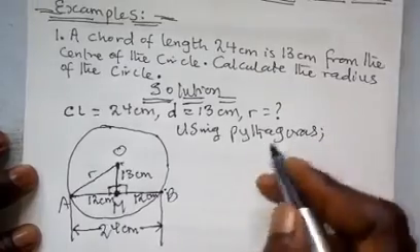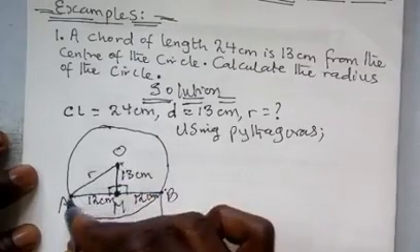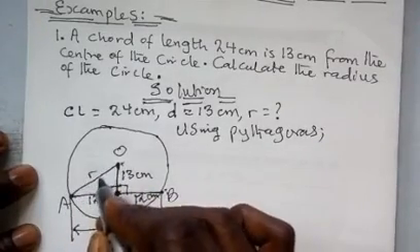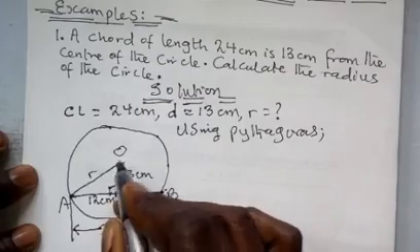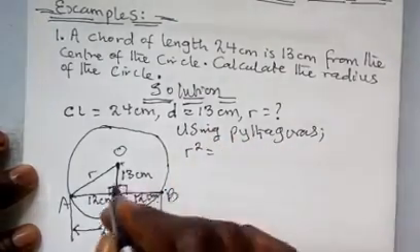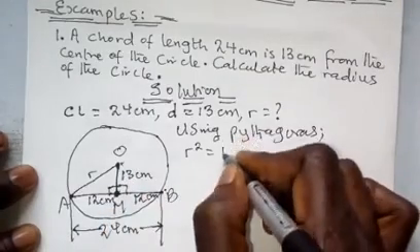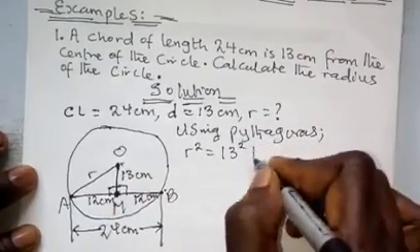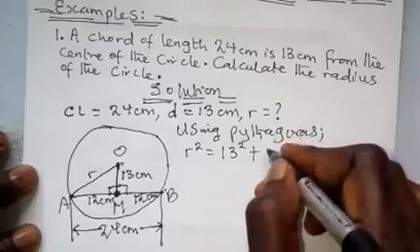All right, in using the Pythagoras, the square on the hypotenuse, this side is the hypotenuse side because it is facing angle 90 degrees and it is the longest of the 3 sides. So the square on the hypotenuse, R squared, will become the square on the opposite plus the square on the adjacent.